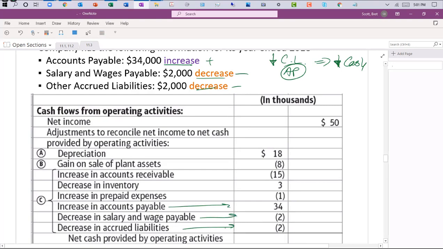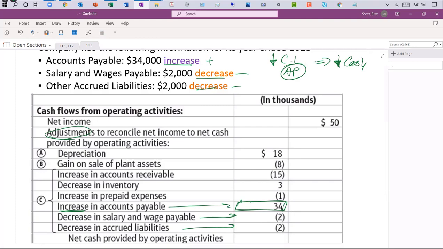Now, again, it doesn't necessarily intuitively make sense to say, oh, I have an increase in accounts payable, therefore I have $34,000 cash inflow. That's not the way to interpret this. These are all just adjustments, not literally cash flows. We know that there are increases and decreases to accounts payable. Here, we're simply saying that there was a net increase in accounts payable. How do we interpret that?